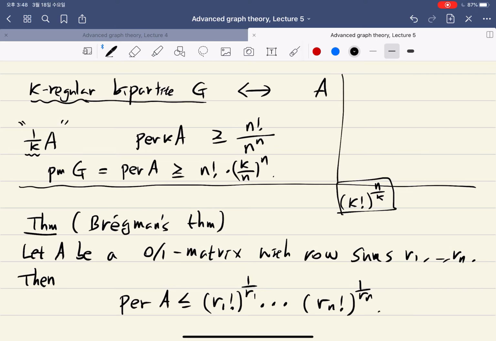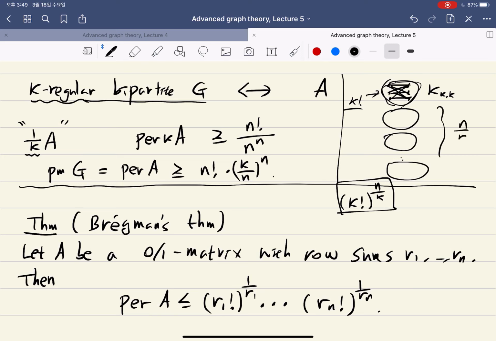This is best possible because you can consider the graph G to be a collection of complete bipartite graphs with k vertices on one side and k on the other side, and you take the disjoint union of many of them. Then you can easily see that there are k factorial perfect matchings in each.